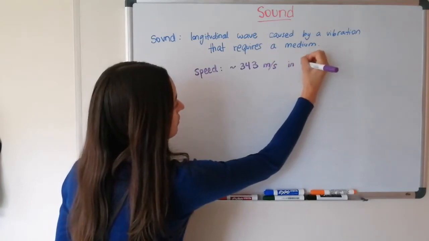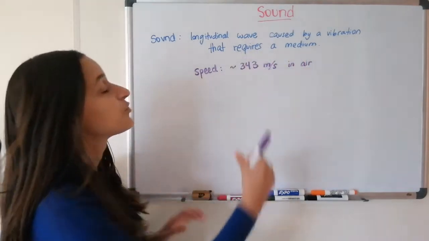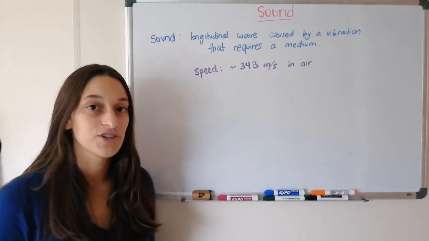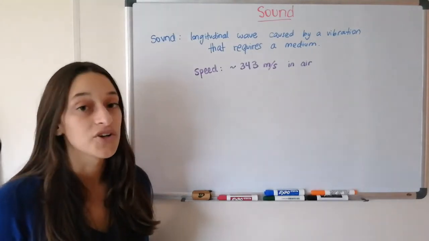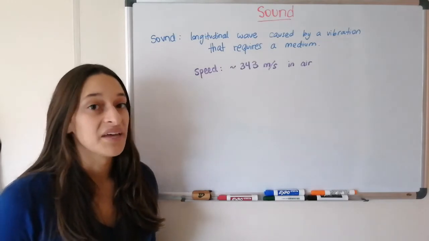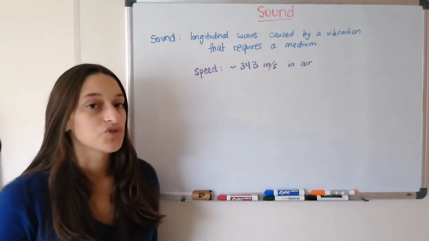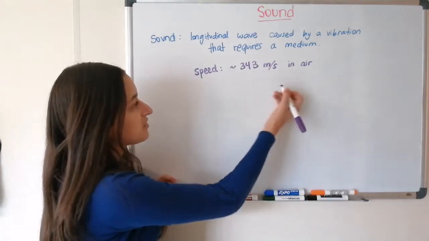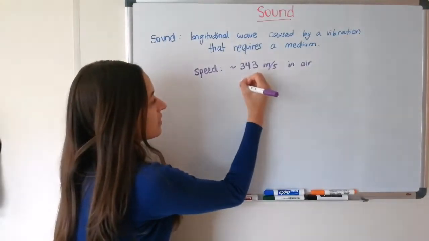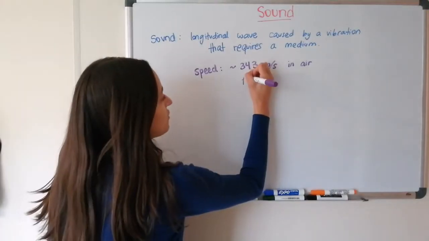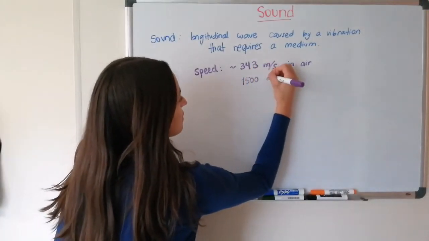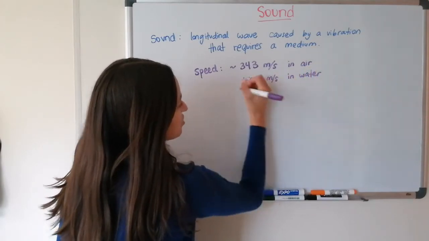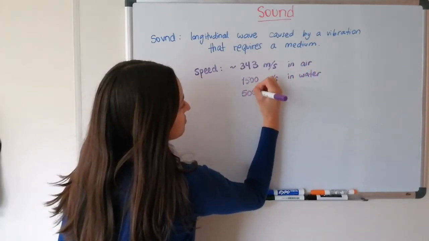But because the waves have to travel in a medium, the speed is different if you're not in air, but in water or through metal or through a wall. So there's different speeds in different mediums. For example, the speed of sound in water is about 1,500 meters per second. And in metals, the speed is about 5,000 meters per second.